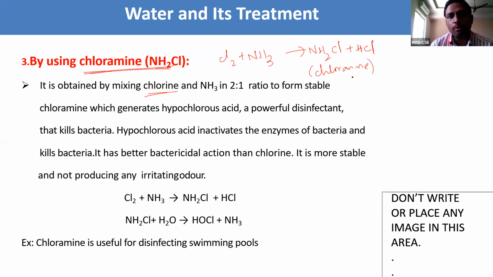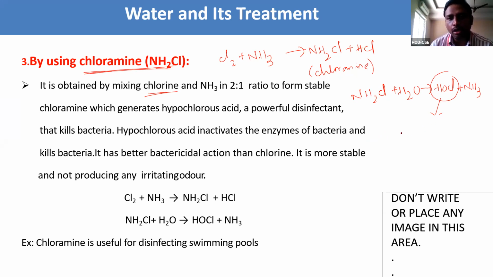Now, what happens to this chloramine? This chloramine reacts with H2O to form HOCl, hypochlorous acid, plus ammonia. This hypochlorous acid acts as a powerful oxidizing agent, a powerful disinfectant.